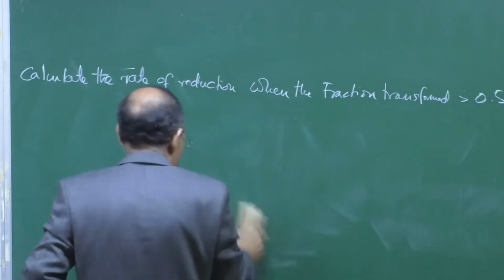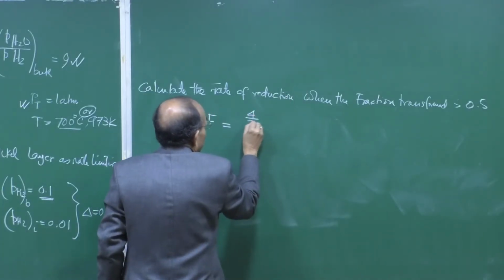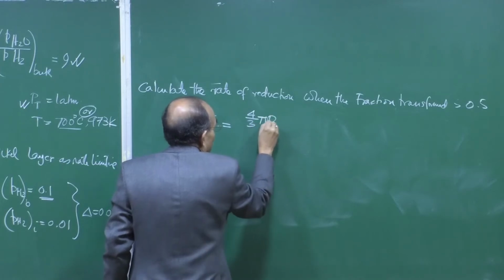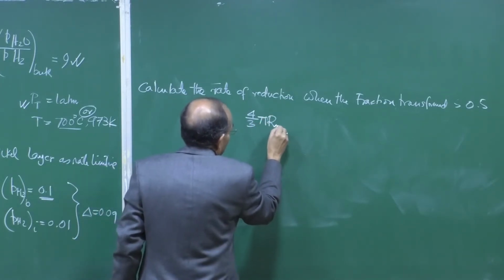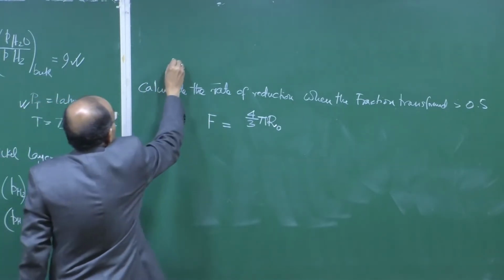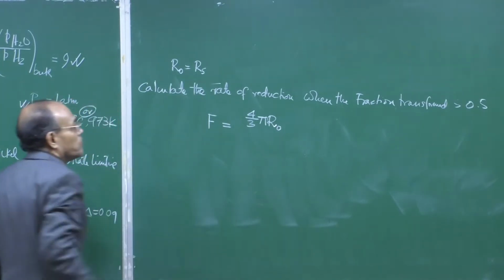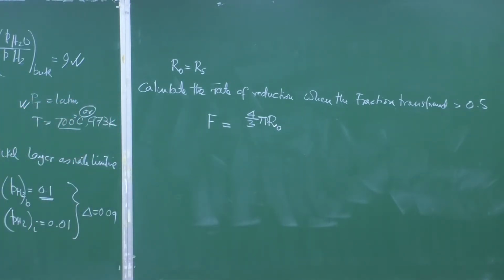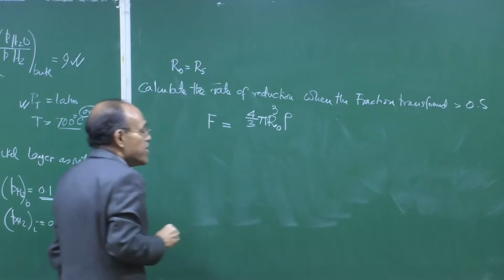We have initially 4 by 3 pi R outer cubed, which is the same as R sphere, into the density.